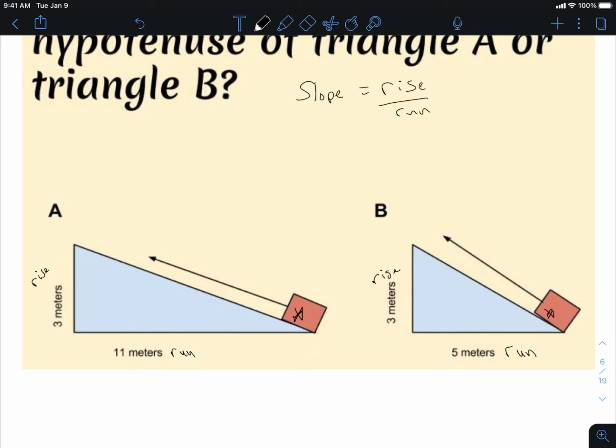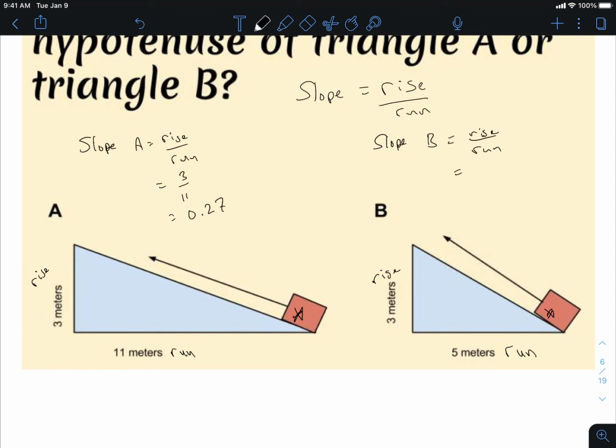So slope of A, rise over run, which is equal to 3 over 11, which should give us a decimal value of 0.27. Now if I go over and do the slope of B, the same thing, rise over run.